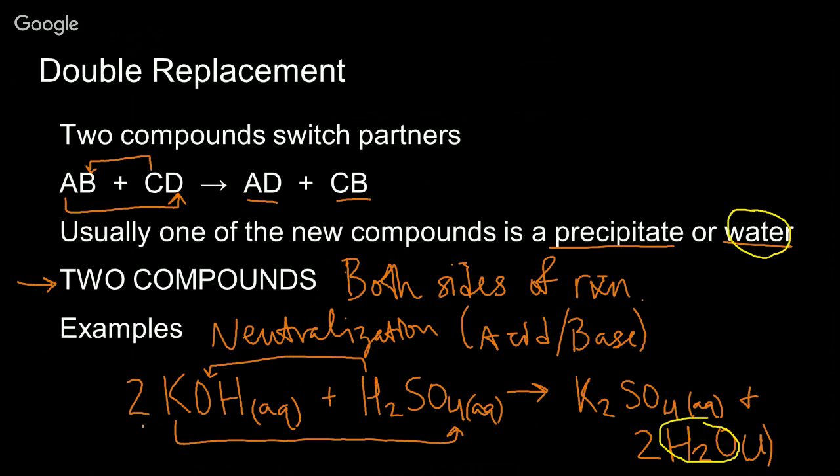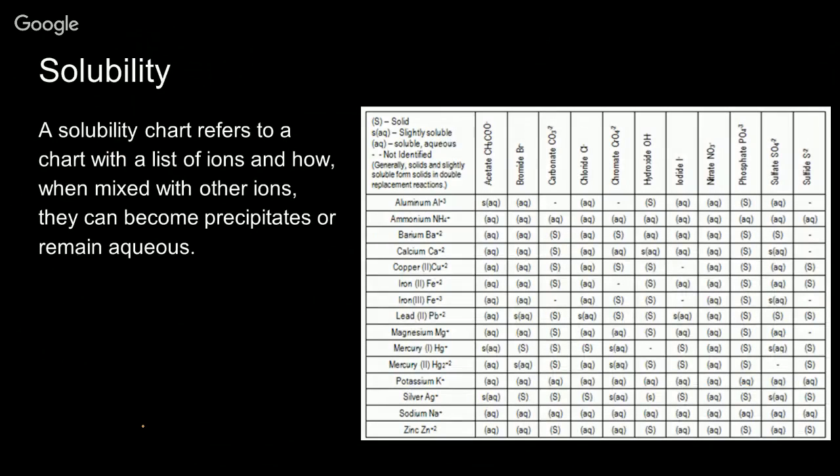Let's look at the case now where we have a precipitate. To do this, we need to use something called a solubility chart, which is this thing over here. This refers to a chart with a list of ions, anions on top in this specific one, and cations over on the left. And so when we mix the cations and the anions together, we can see what happens if a precipitate is formed or if it remains aqueous in water.